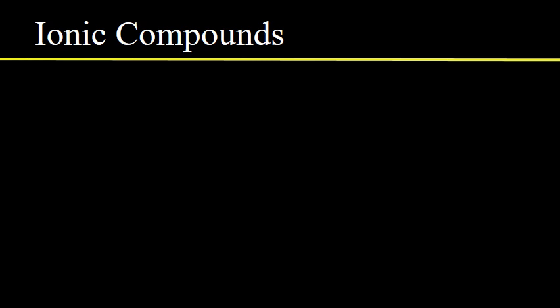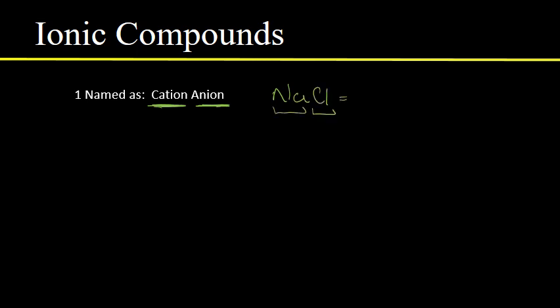All right, so now, going back to the nomenclature, there are really two rules, and the rules are really simple, and that is that when we name ionic compounds, we just name the cation and then the anion. All right, so for example, sodium chloride, we've got sodium cations and chloride anions.